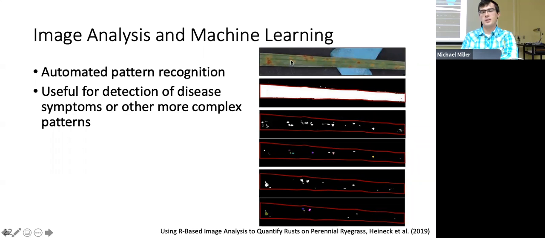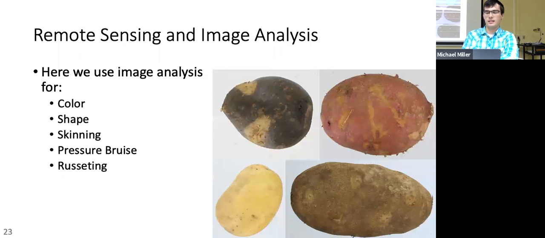And we're able to train a machine learning algorithm on what those pustules look like, and it's able to find the stem rust pustules and the crown rust pustules, and then give us, say, the number of pustules or the amount of the surface of the leaf that is covered with that disease. So that's the type of thing that you can use machine learning for in image analysis.